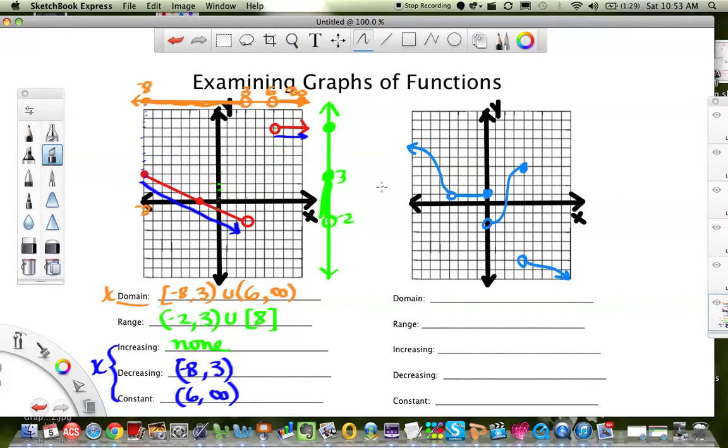Okay, so let's look at the blue function. So again, I'm going to look at my domain first. My domain is along the x-axis, so that's a horizontal.